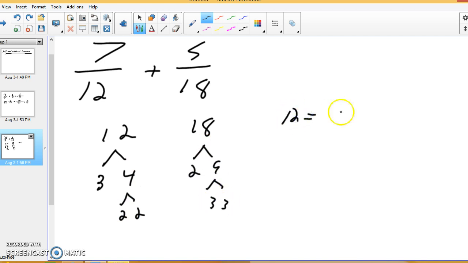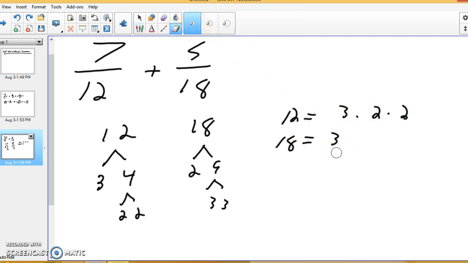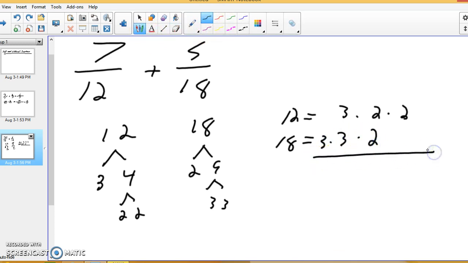So 12 is equal to 3 times 2 times 2. 18 is equal to 3 times 3 times 2. And again, for the least common multiple, we just drop them straight down: 3, 3, 2, 2. Multiply those out, and that equals 36.